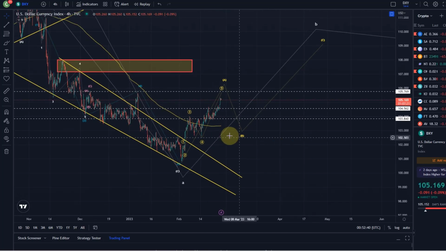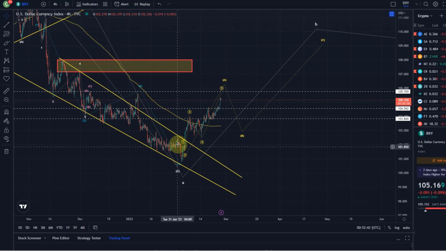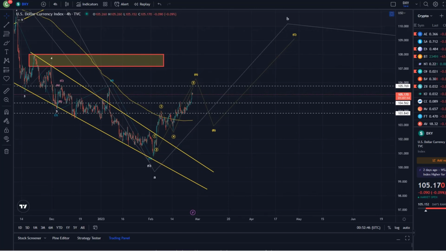The thing is, we have probably seen here a 1-2 setup, a wave 3, a wave 4, and now a wave 5. This will remain my primary count as long as we stay below 105.76.